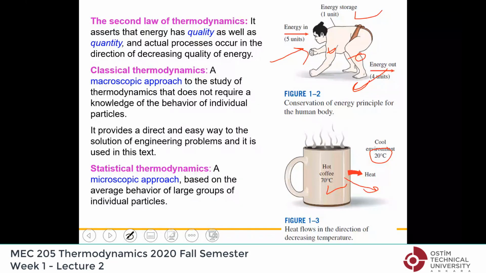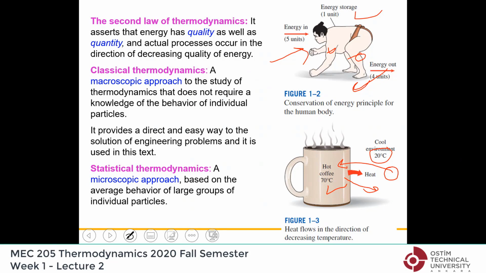And now, if we have heat from the environment entering the coffee so that the coffee temperature rises to, let's say, 75 degrees, will it violate the first law of thermodynamics? The answer is no, as long as the heat lost by the air is equal to the heat gained by the coffee, the first law is satisfied.